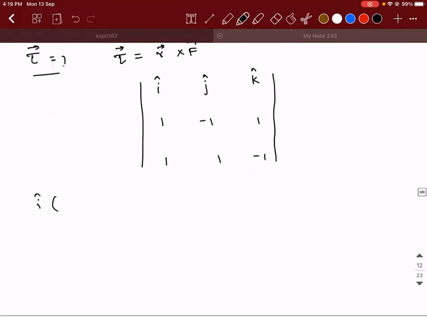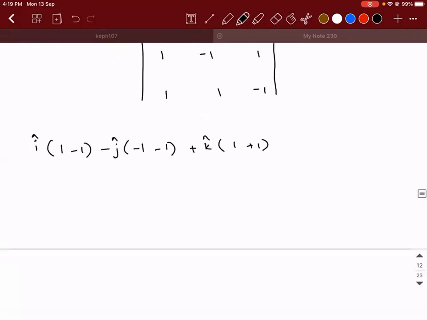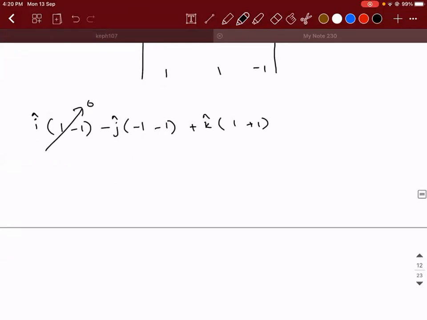So it will be i cap into (1 minus 1), minus j cap into (minus 1 minus 1), plus k cap into (1 plus 1). This will be 0, plus 2 times j cap, plus 2 times k cap. So this is going to be the value of torque.